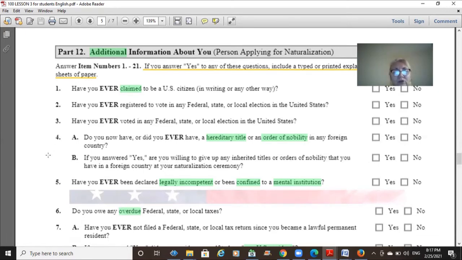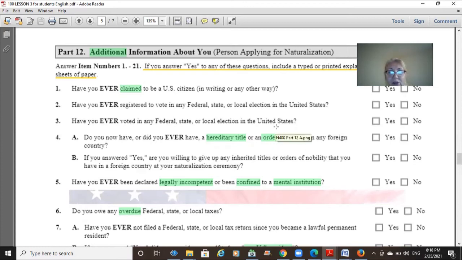Question number 4. Do you now have, or did you ever have, a hereditary title or an order of nobility in any foreign country? In order for you to answer this question correctly, you need to know what a hereditary title is and what an order of nobility is.